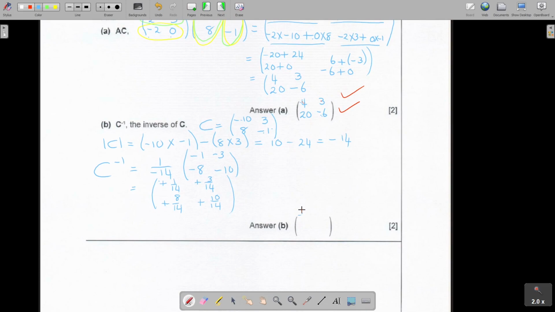So it's 1 over 14. 3 over 14 can also not simplify, but this can, because you can divide 2 on top and bottom. So it's going to be 4 over 7. Otherwise, press on your calculator 8 ABC 14 and the calculator will do it. And there you divide by 2 top and bottom, so the other one is 5 over 7. And that is your answer.